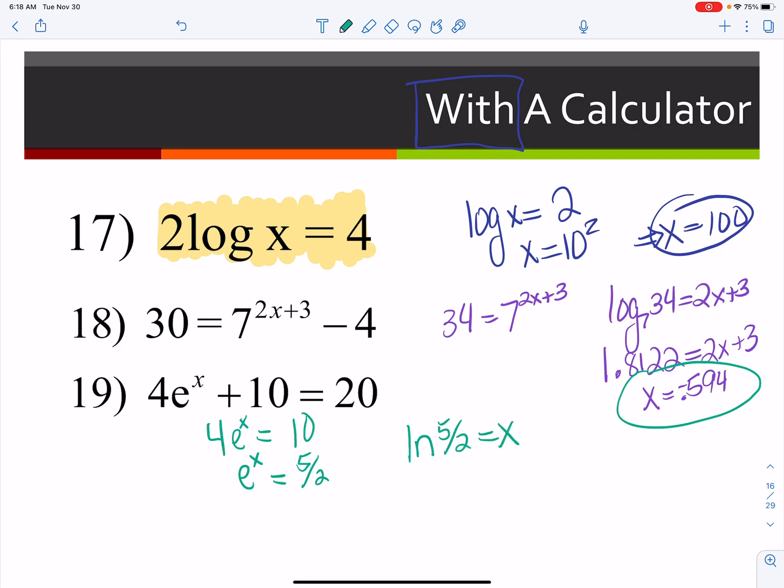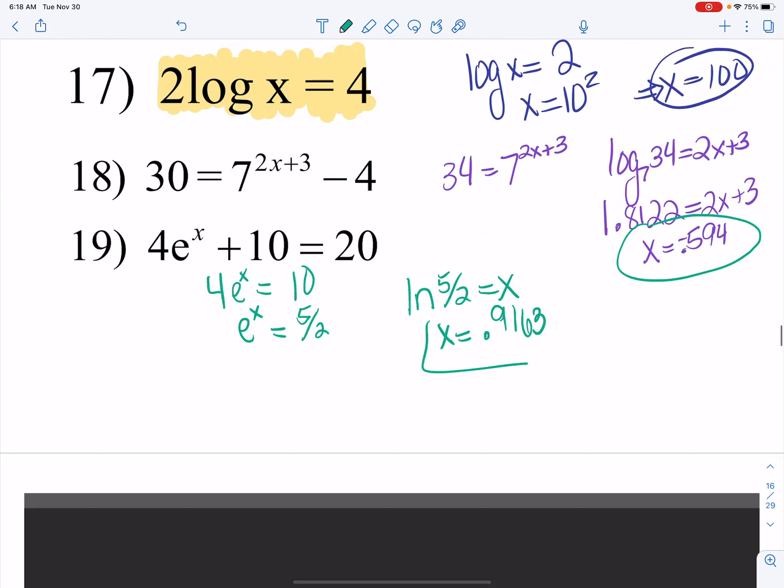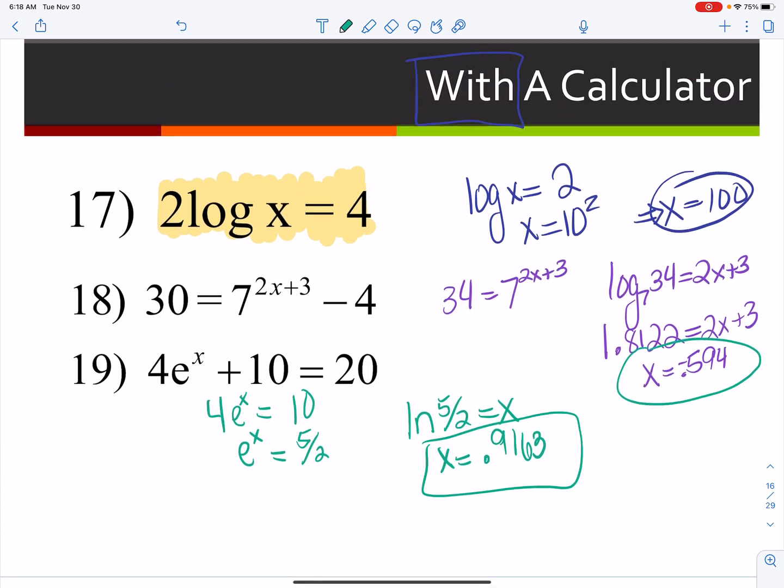And I need to get my phone out because Desmos doesn't do ln's, which is glorious. So the ln of that is 0.9163. So x equals 0.9163. I do believe on the test that it does say round to 4 decimal places. I'm not sure why I put 3 on the answers, but there you go.